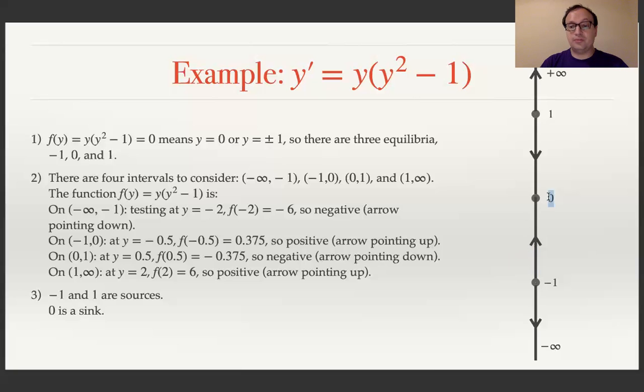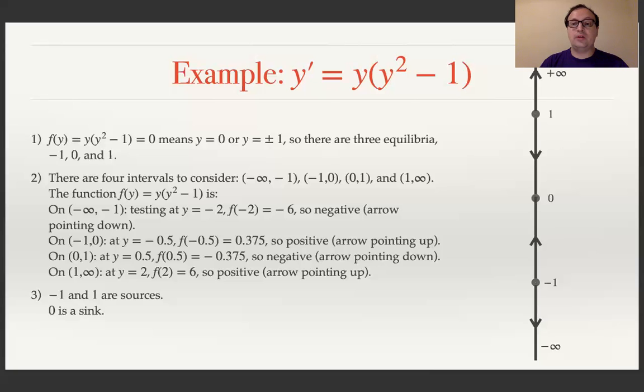For 0, both arrows neighboring 0 are pointing towards 0. So this means that 0 is stable, or a sink.